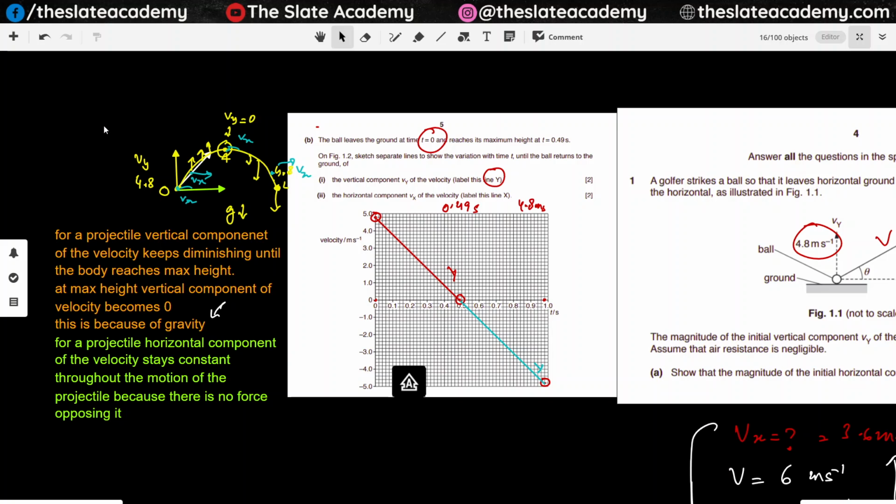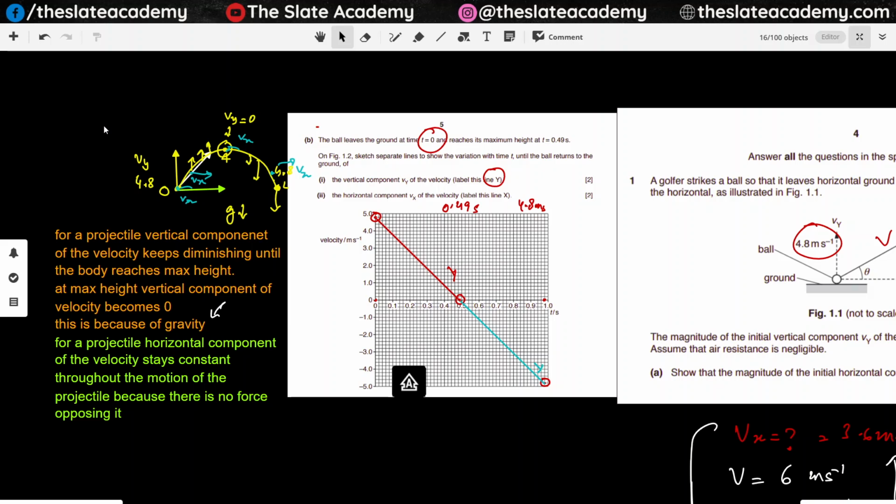Because we know from inertia that a body would continue its state of motion or its state of rest until it is acted upon by an external force. Since there is no force opposing the motion of the body along the x-axis, there is no air resistance. Hence, the velocity once given, that velocity would be maintained.